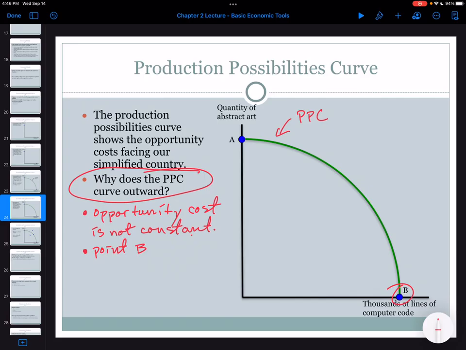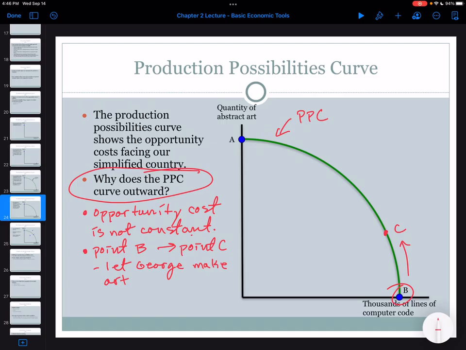You get to go spend your time making art, right? So we're going to lose some computer code, because George is no longer spending time writing code. So we're going to move from point B to point C, and this is where we let George make art.